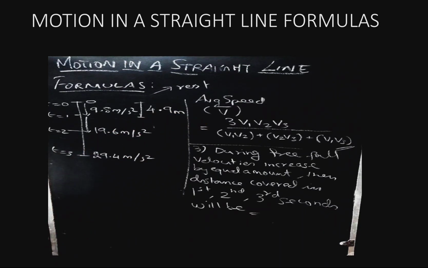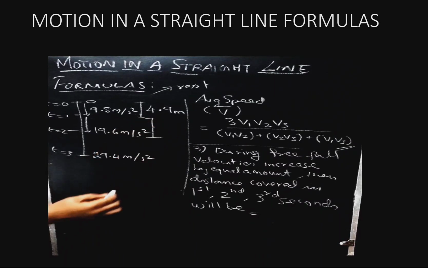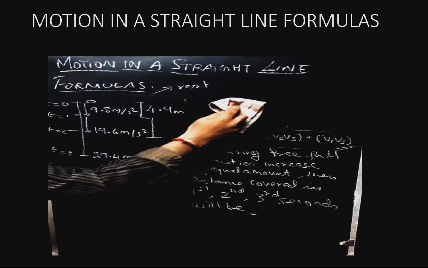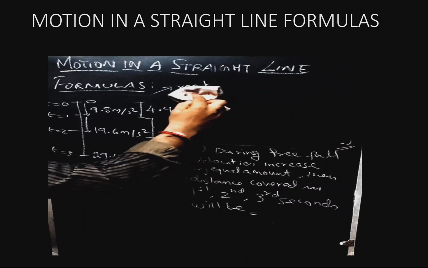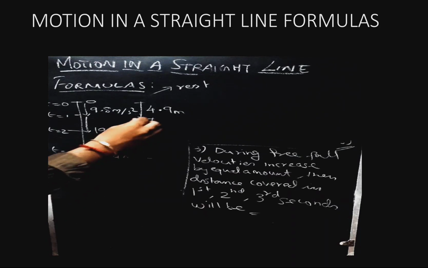So what is the distance? It is 4.9 meters for the first case. In the second case, so one by one we are going to list out. So acceleration as well as distance, you just keep in your mind, that is more than enough.